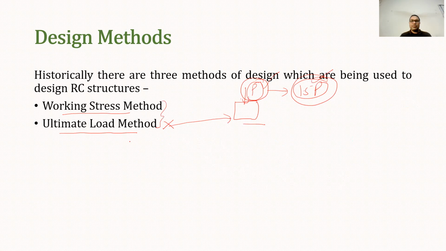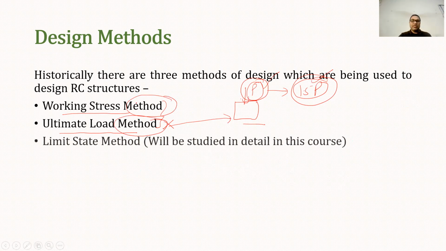After this came the development of a new method, which took the good things of the working stress method and the good things of the ultimate load method, and was very comprehensive. That method is the limit state method. In this course, we will be designing elements using this method.